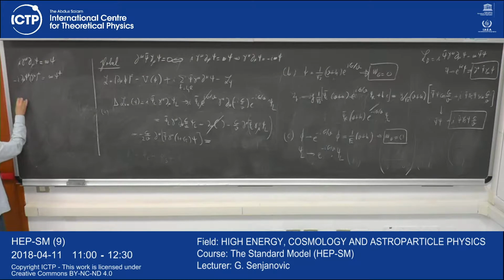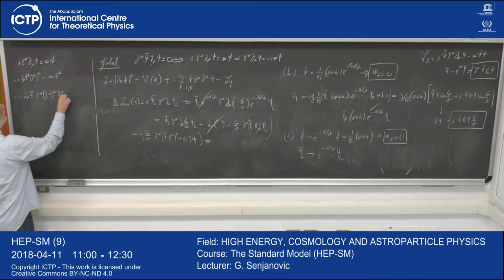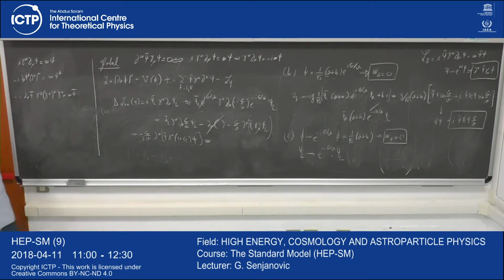And what is this? This is minus i d mu psi bar gamma 0. Psi dagger is psi bar gamma 0. Agree? Gamma mu dagger. I multiply gamma 0 on the right, and I get m psi bar. So I get that minus i d mu psi bar, this is gamma mu simply, m psi bar.